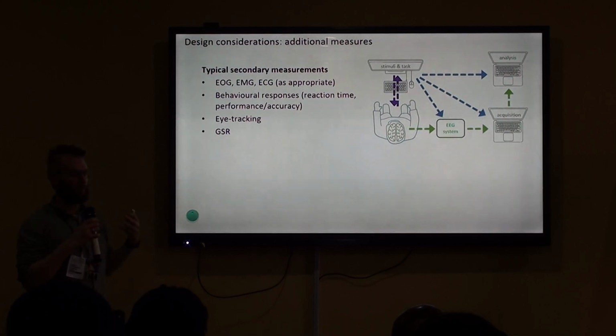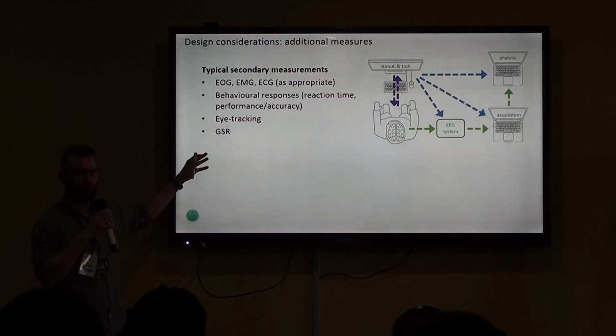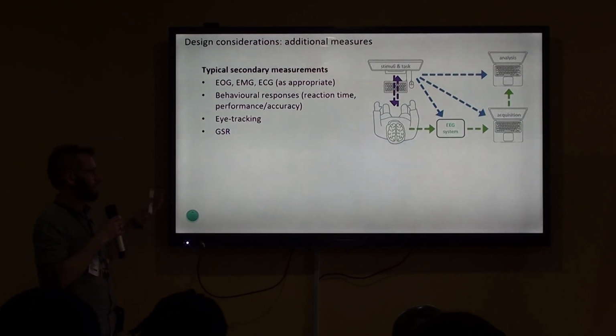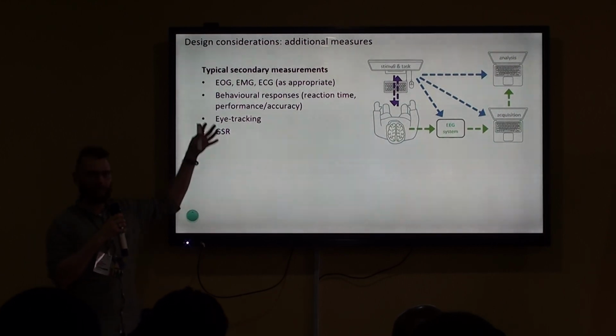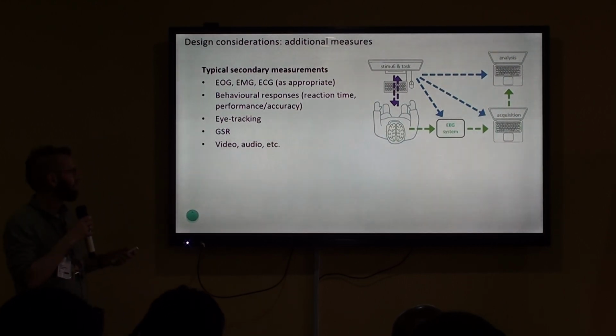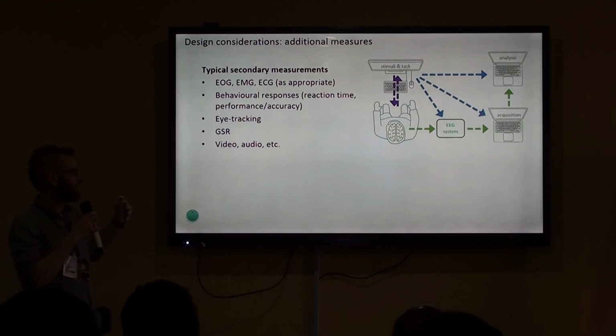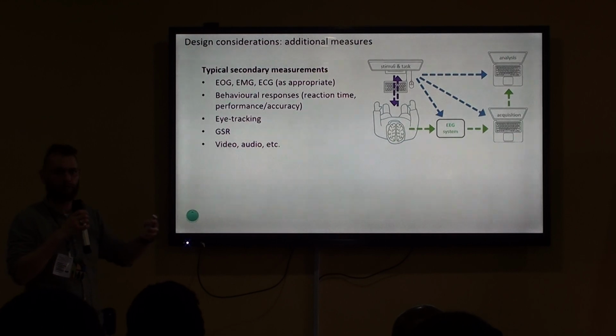It could be a galvanic skin response. Again, I think people who are studying emotions usually have these skin responses as a robust measurement of that, and you could relate that to the EEG activity. Sometimes you might want to obtain video or audio, maybe verbal responses from the participants.